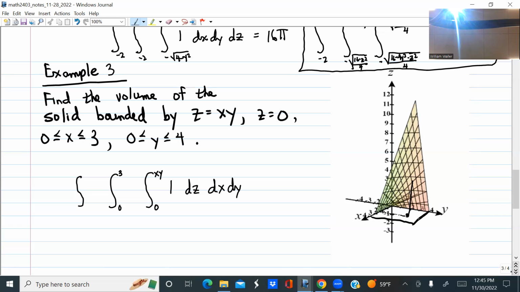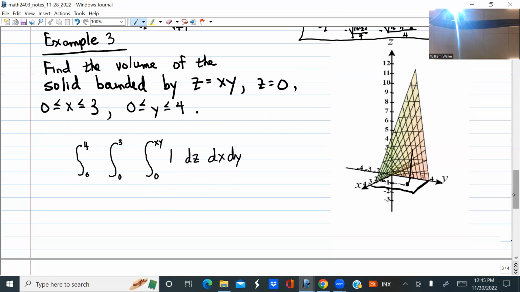Y is running from 0 to 4. There it is. There's our triple integral. That's pretty easy, right? But remember, that just applies for what situation? Beneath the surface down to a region in the xy plane. That special type of volume you can set up very easily using a triple integral.